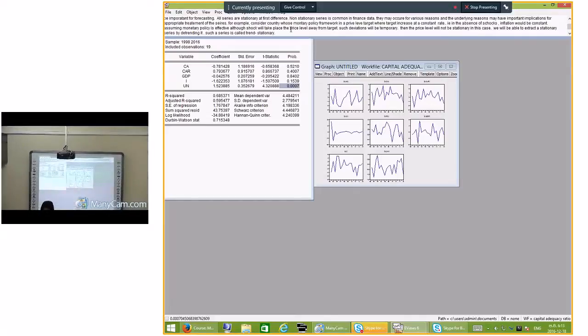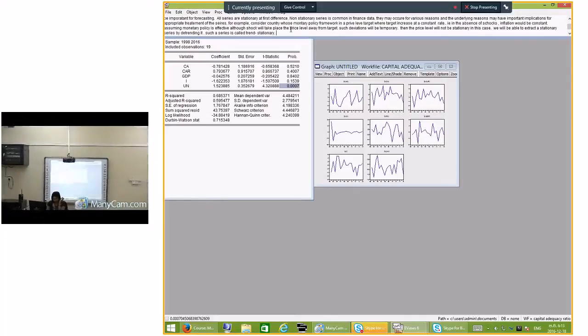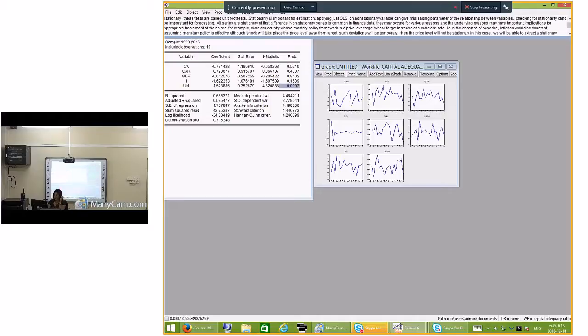So there is difference stationary as well. What we call difference stationary.